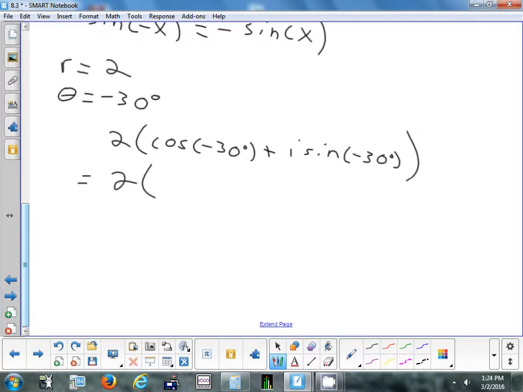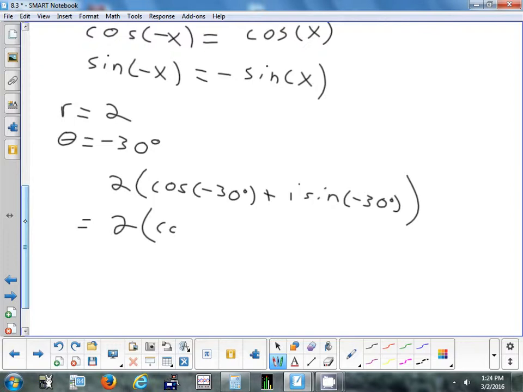Yeah, we can just get rid of it. So that would just become cosine 30. And what's going to happen with the negative on the sine part? Yeah, we have to put it in front of the factor, so it's minus i sine 30. That's one way to get rid of a negative inside the angle.